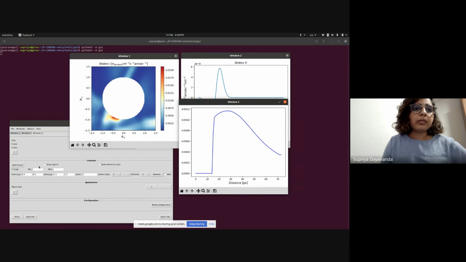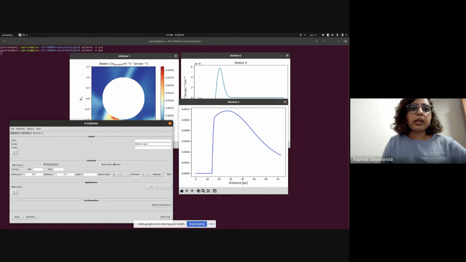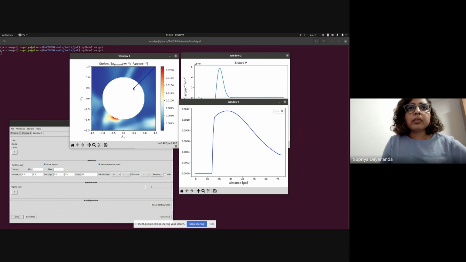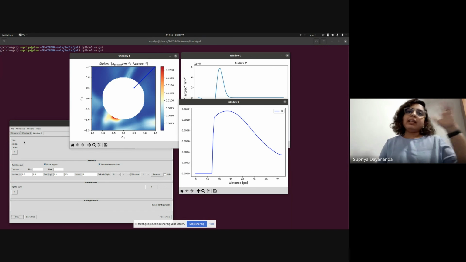Then you can draw the legend and also the reference line. It will tell you that in window 1, you are looking at the variation of intensity along this direction, and you can add multiple line outs and compare them. Basically, the GUI should help you get a better understanding of the results that you obtain.